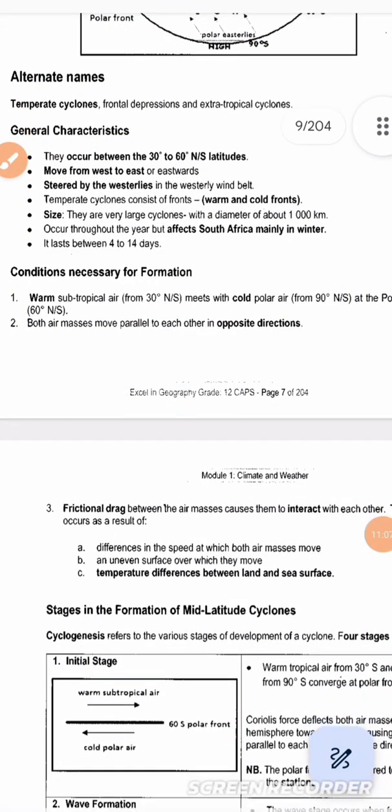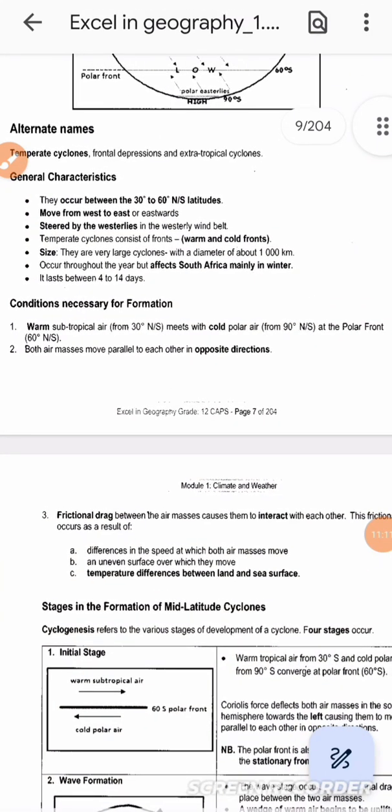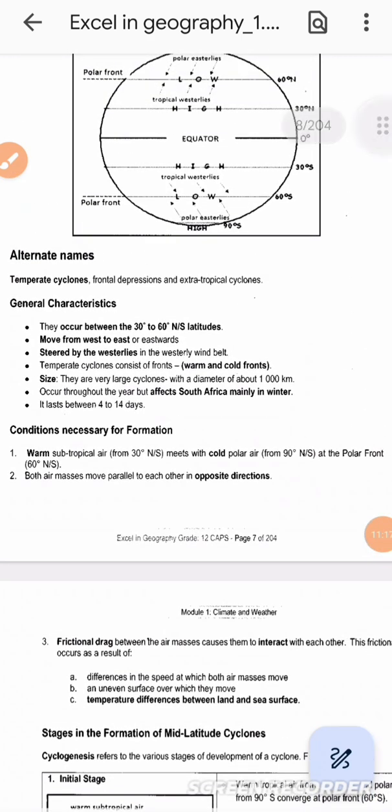So let's get to it. They say warm subtropical air meets with the cold polar air at the polar front.